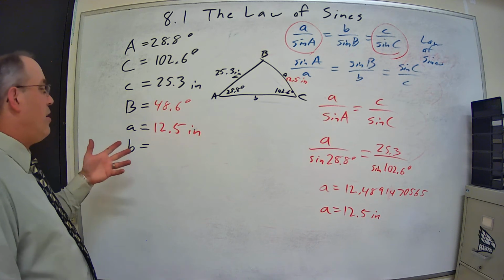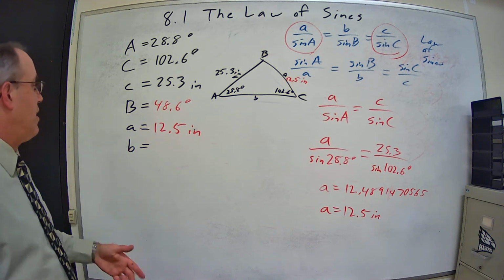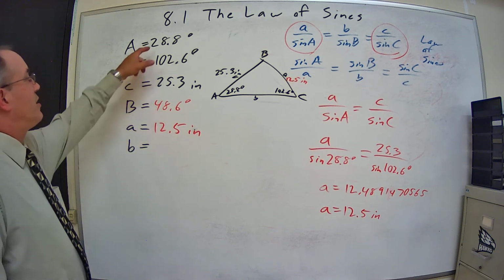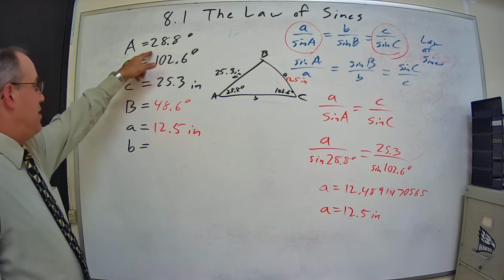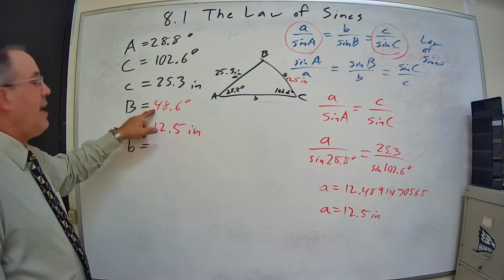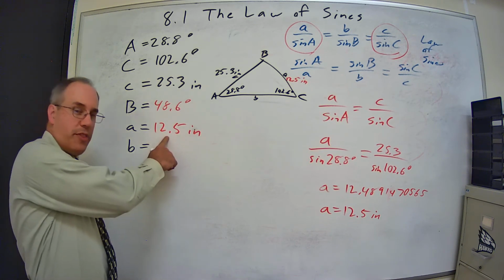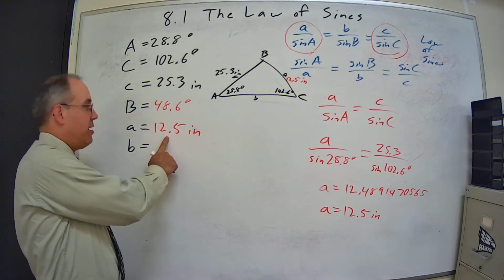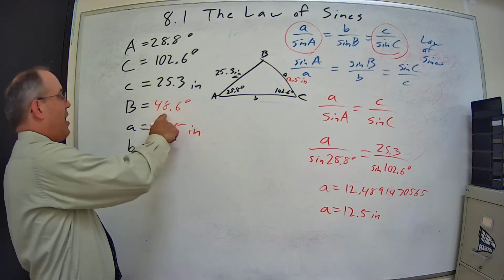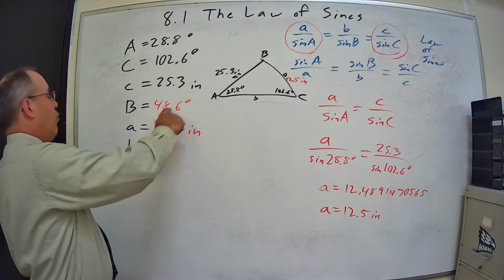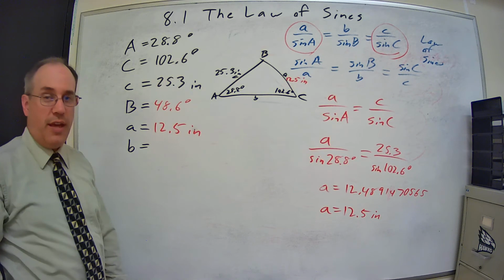I could technically use A over the sine of A equal to B over the sine of B. But if you look at that, I'm using a number that I rounded and a number that I calculated in only one of the original values if I do that.